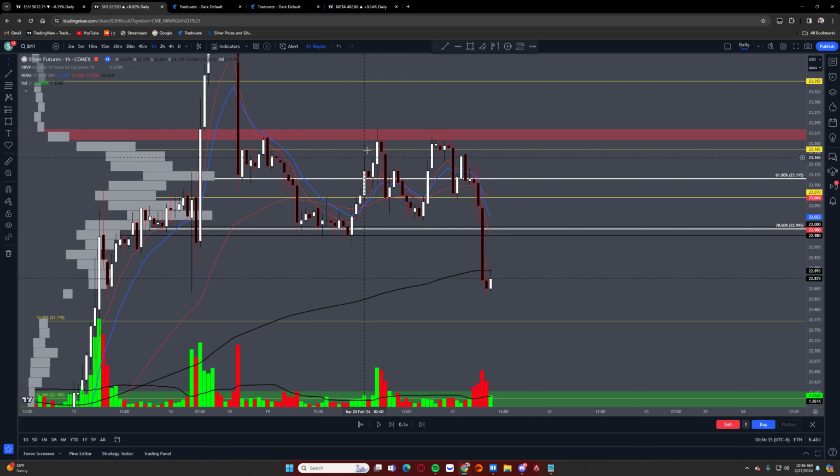And I took it to my demand zone that I had up here. So my take profit was 23,200, pretty much the demand zone. Very easy, very simple trade. And that is an example of how you use the fib and volume profile strategy for upside.